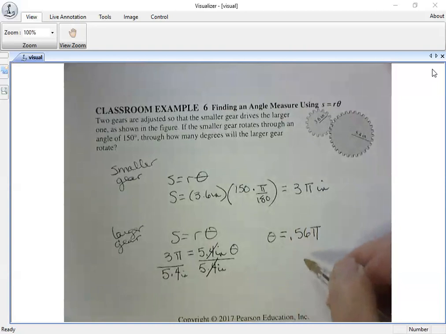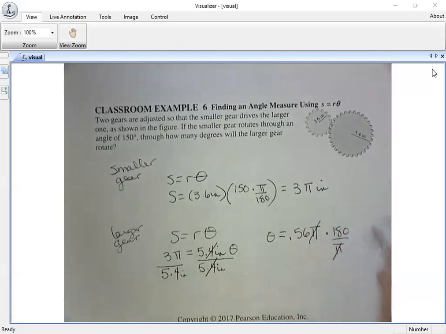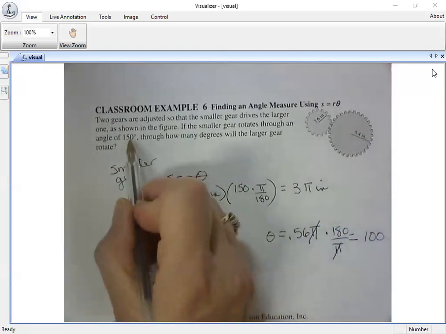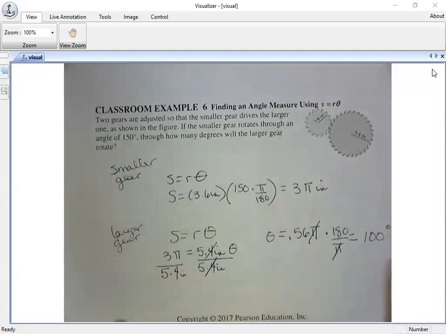And that's not in degrees, but can I change it to degrees? By multiplying by 180 over pi, so that the pi's will cancel, and that's going to be about how many degrees? If we went to the nearest degree, since this one was rounded to the nearest degree, it would be about 100 degrees, wouldn't it? And that makes sense, doesn't it? It should be a smaller angle measure in a larger gear than it was in the smaller gear.